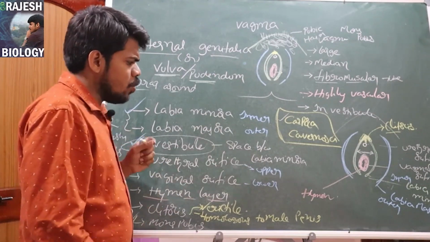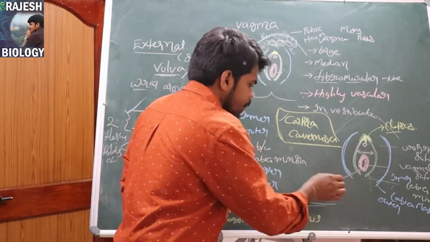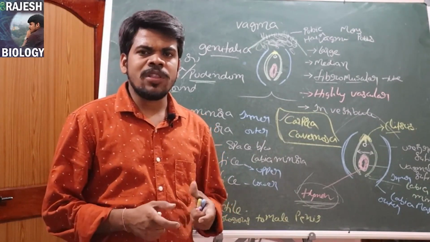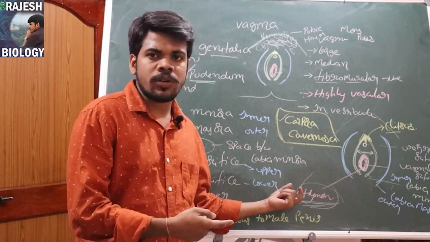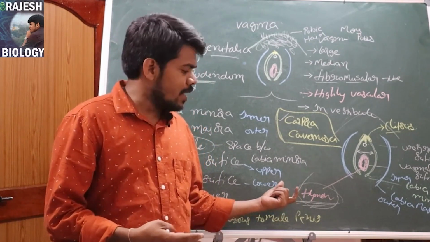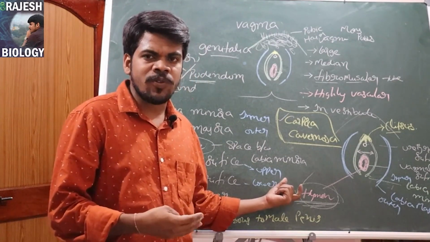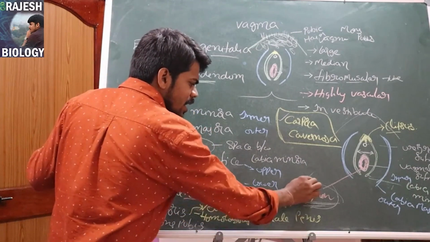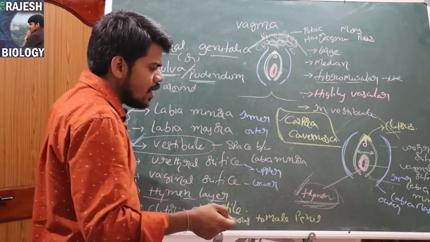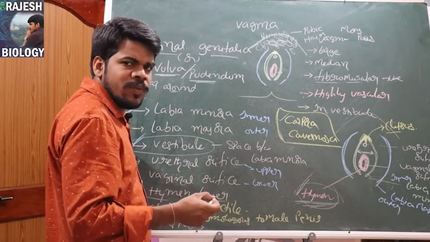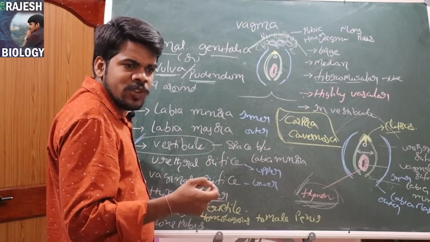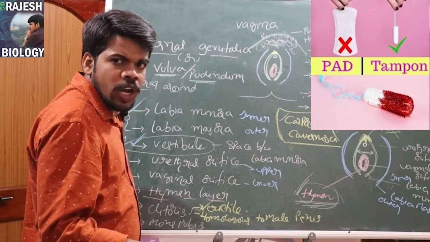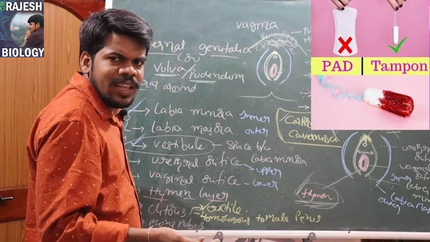And finally, I want to tell you one thing about the hymen layer. Our society misunderstands the hymen layer: if it is torn, they blame the woman or girl as having participated in intercourse before. But this hymen layer is very weak in many women, and it may be torn because of horse riding, the insertion of vaginal tampons, any jolt, or bike cycling, anything.